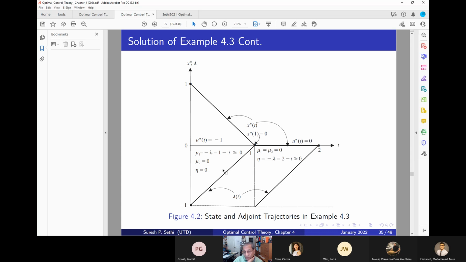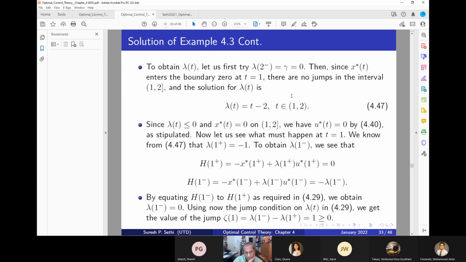Now we have to go to this side. For this side, I cannot continue like this because it will go like this. I need to find out if there's a jump. Since lambda t is less than 0 and x star t equal to 0 from 1 to 2, we have u star t equal to 0 by 4.40.